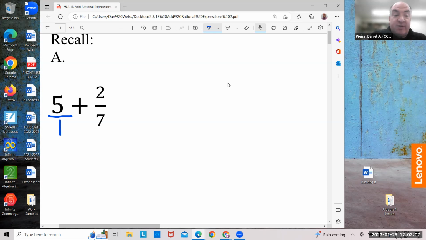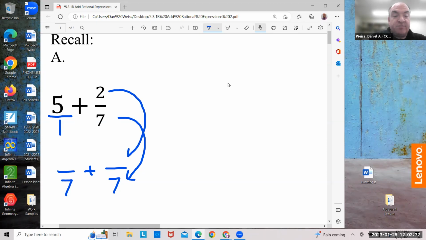That's going to be very easy here, because if you have 1 and 7, the common denominator is going to be 7. Since this one doesn't change, this one doesn't change.